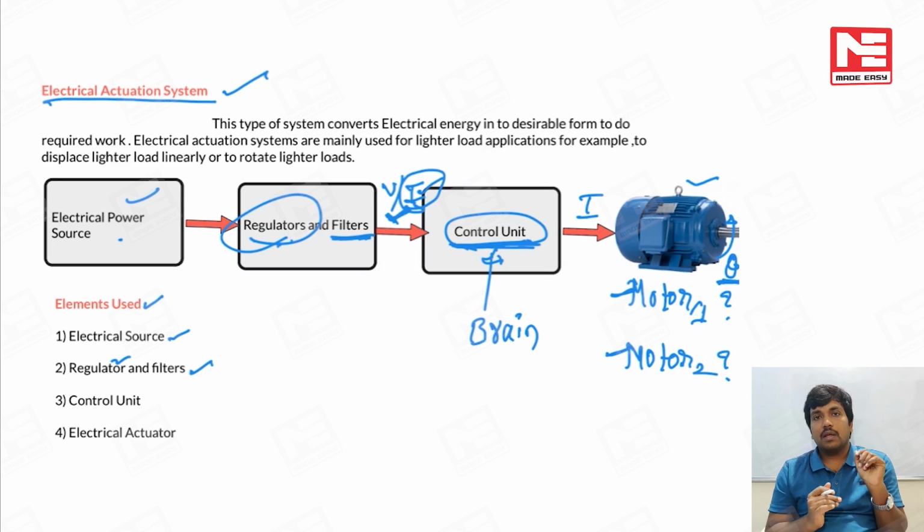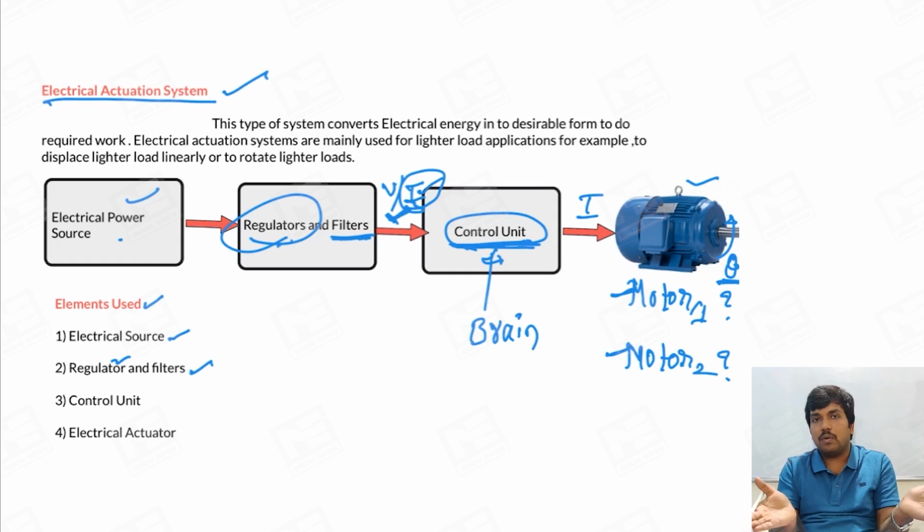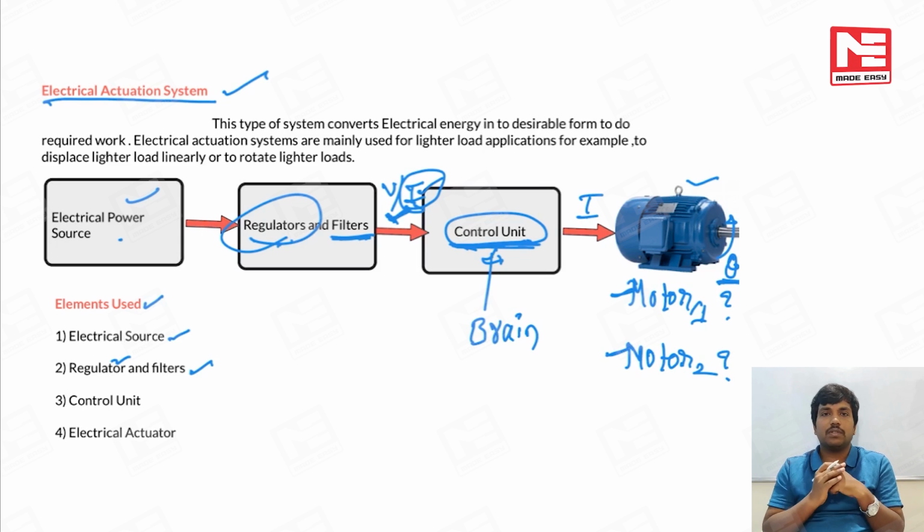That is the first thing. Second, in all four cases we have the energy source first, then some purification and regulation is required, and then it is channelized to the required load by the control unit. So this is the whole theme of the actuation system.